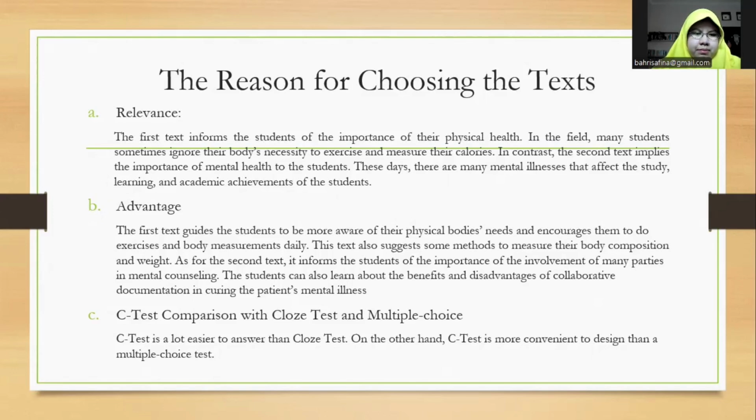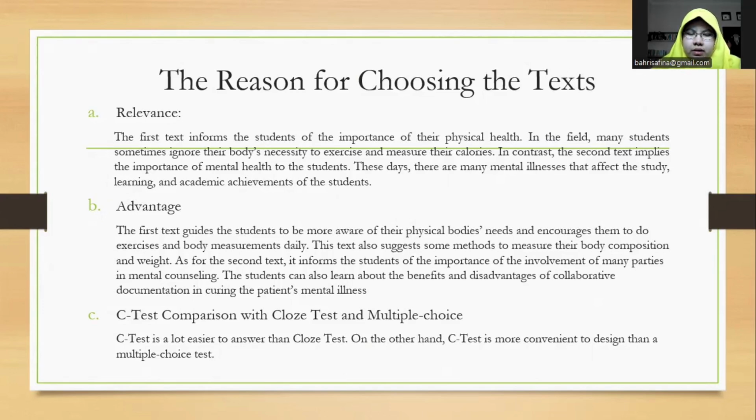What makes C-test better than closed tests and multiple choice? From the student's point of view, C-test is a lot easier to answer rather than closed tests because in general, a closed test is only a blank space that should be filled up with the answer in the student's mind, and it makes it difficult.